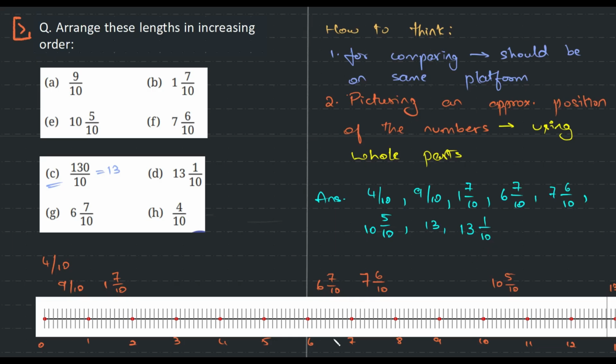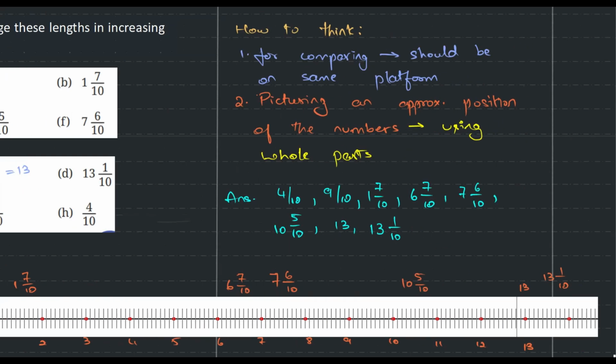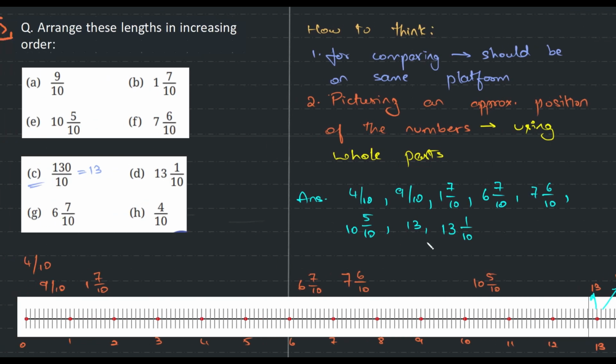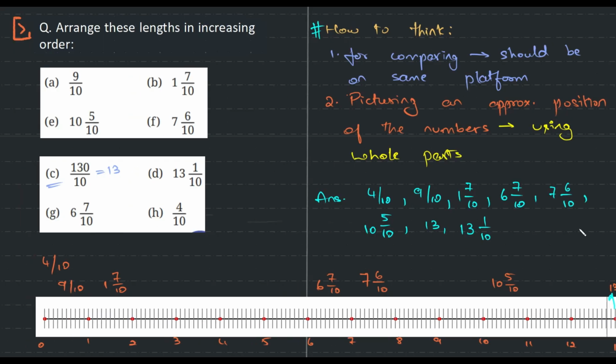So 13 is exactly on the dot. 13 and 1 tenth is over here. And so 13 and 1 tenth is greater than 13, clearly. And so that is your answer.